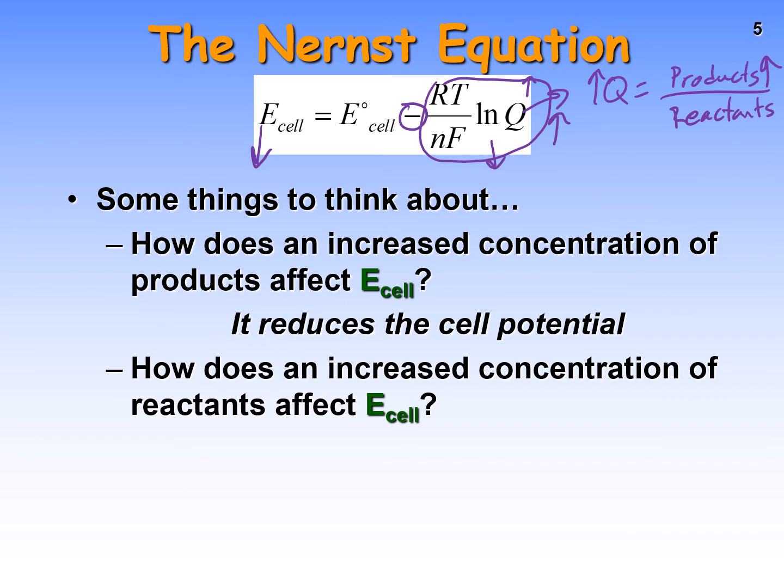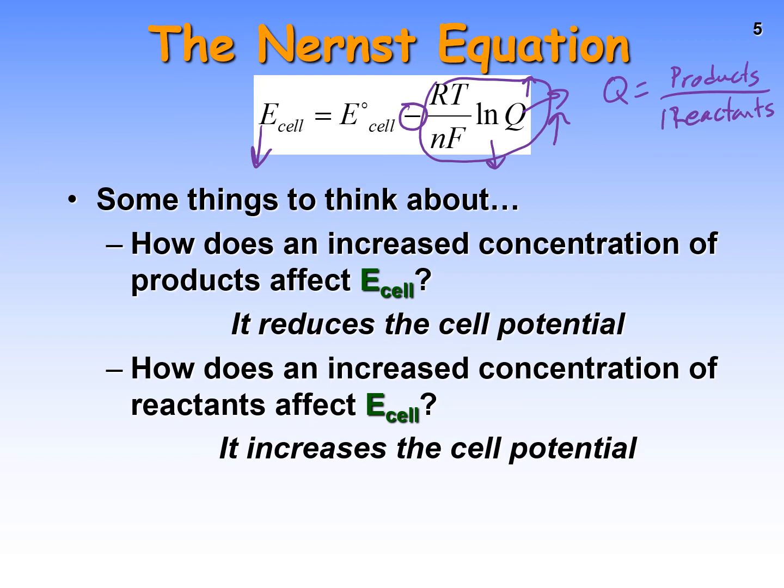The opposite is also true, right? So if we increase the reactant concentration, Q is going to go down. Our whole term here is going to go down as Q goes down, which means E cell isn't going to go down, it's going to go up because we're subtracting off a smaller value.